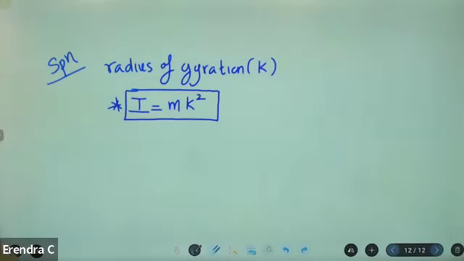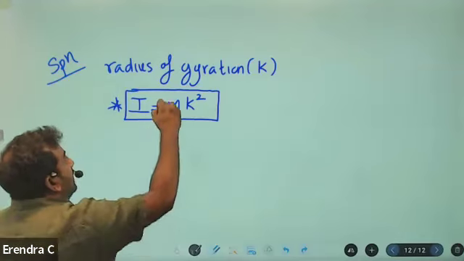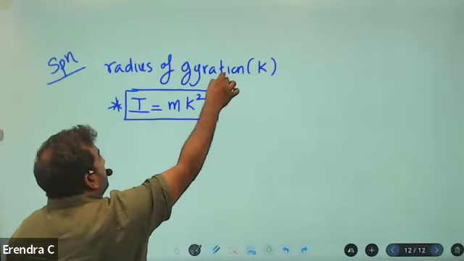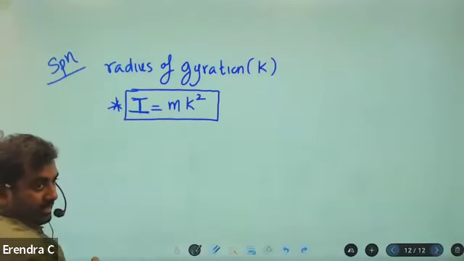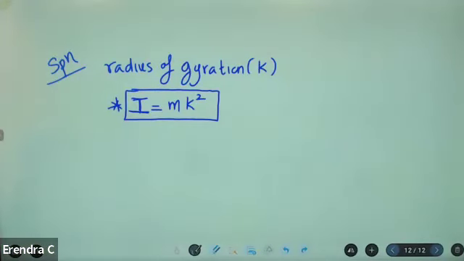K is the radius of gyration. Mk squared will give you the moment of inertia. Write down.